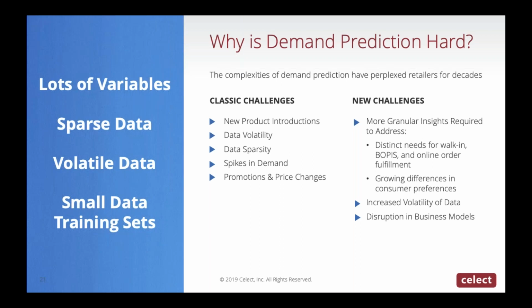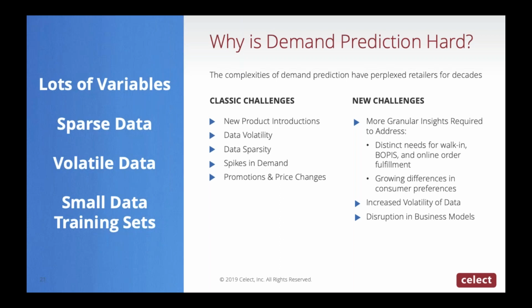Sparse data means that if you look at a given store, an individual style, color, size may not sell in that store in any given week or two, right? At the aggregated style level or class level, you've got trends, but it's hard to pull out signal, the information that gives you something predictive of value from data in such sparse contexts.